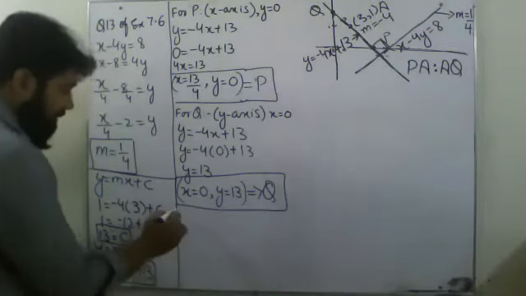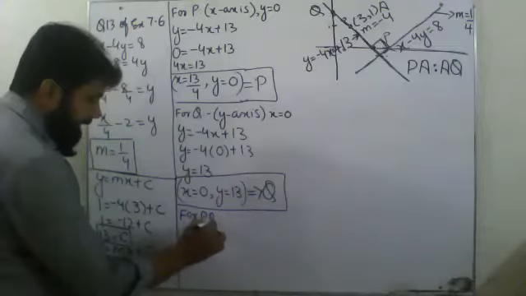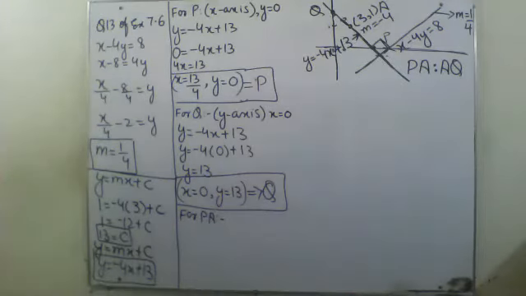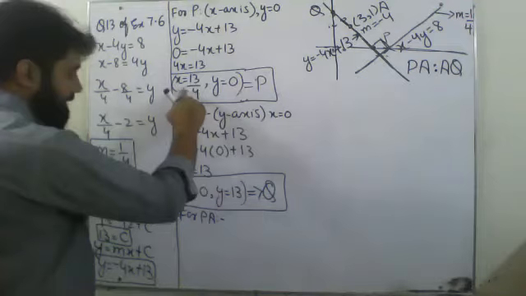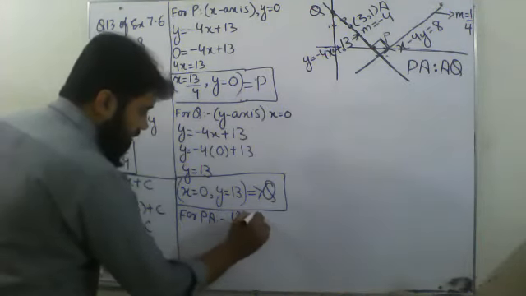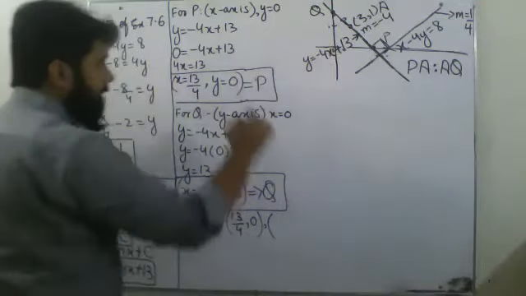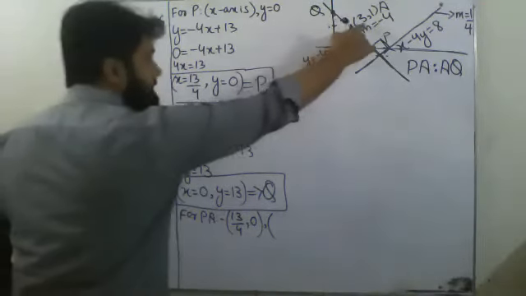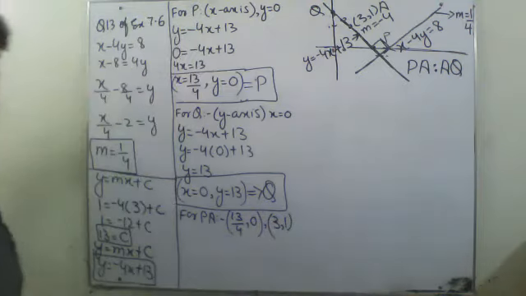So for PA, what is the P coordinate? P coordinates are coming 13 over 4 comma 0, and A coordinates are given 3 comma 1.